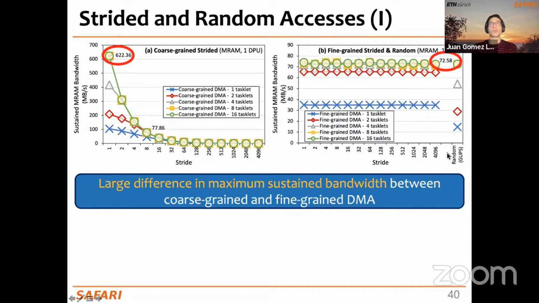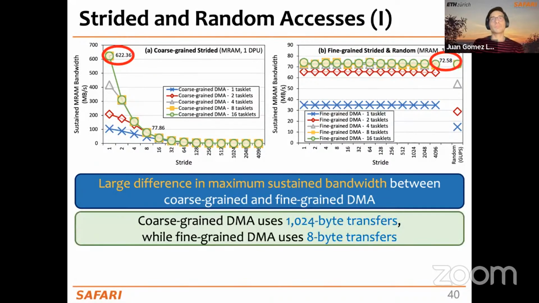So first observation here is that there is a large difference in the sustained maximum bandwidth between the coarse-grained and the fine-grained DMA. Notice that the maximum bandwidth for the coarse-grained DMA access is for stride 1, which means that we are using all the elements that we are reading from MRAM and placing them into WRAM.